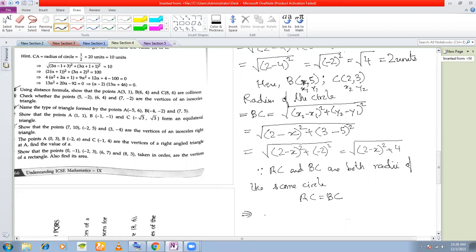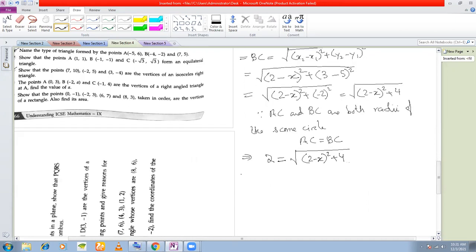We had found out AC is equal to 2 units, right? So AC is equal to 2 and BC is equal to the square root of (2 minus x) whole square plus 4. Now we are going to square both sides and solve this equation because we need to remove the radical first. Squaring the left hand side will give you 2 squared, and squaring the right hand side is going to give you (2 minus x) whole square plus 4.